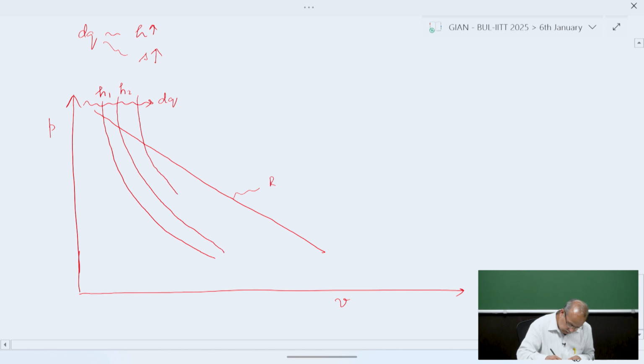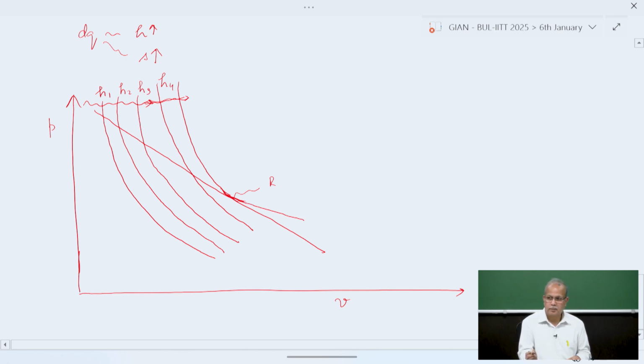Addition of heat will cause the enthalpy to increase. So if I continue to heat, H4, and finally I'll come to a point where the H line, the R line becomes a tangent to H. So this is the H max.